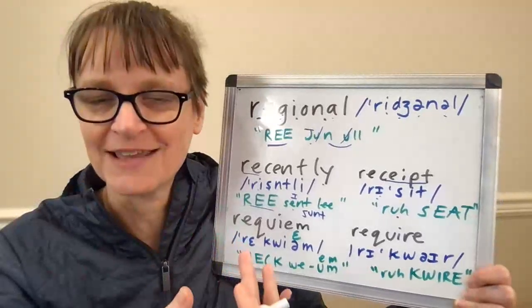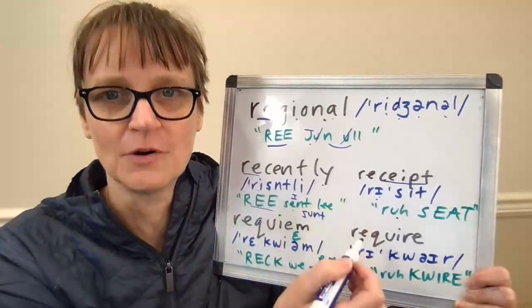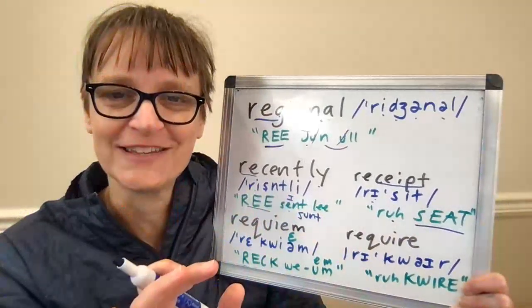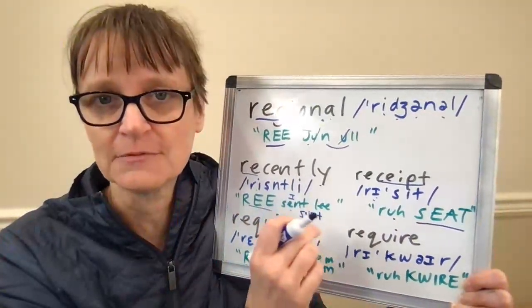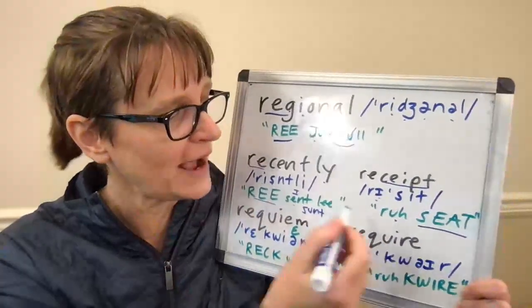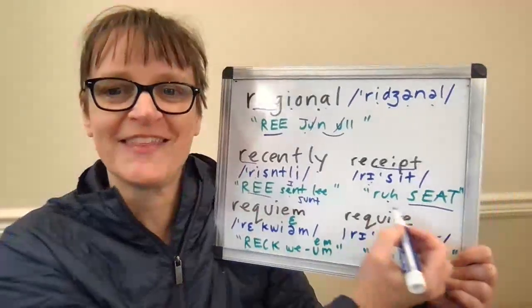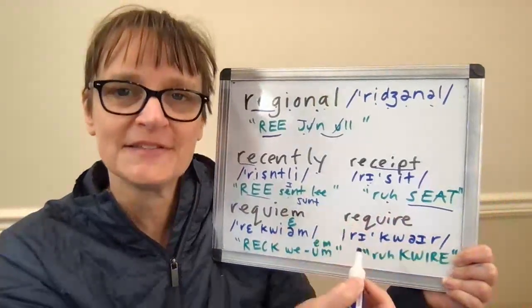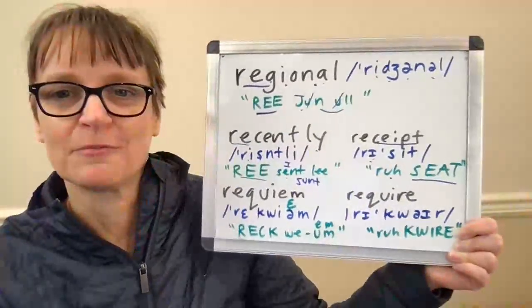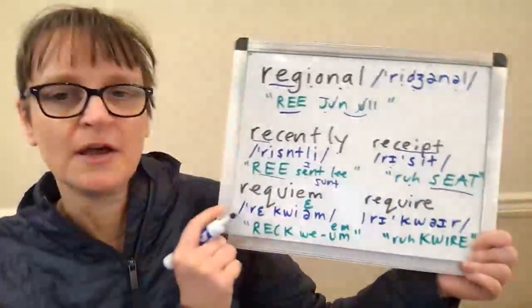So it doesn't matter too much which one I do. What I want is that seat has a clear vowel and is stressed, and then my first syllable is very short and reduced. To practice that, start with seat and then add your R syllable. Seat, receipt. That's the same thing that we'll see here with require, but first let's go to requiem.